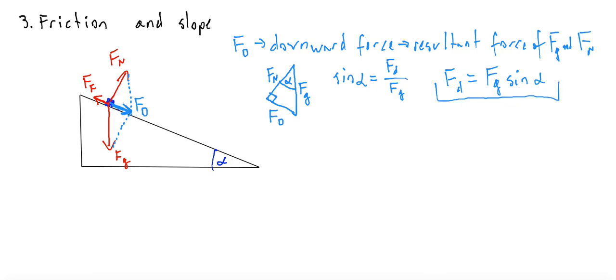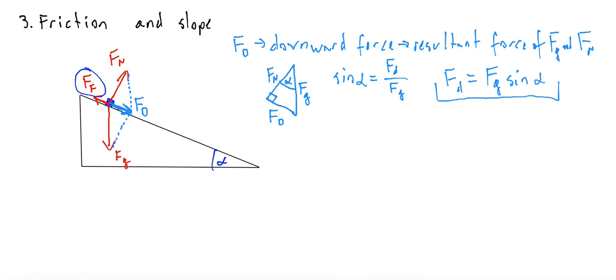But the overall force, the net force, is the downward force minus friction.